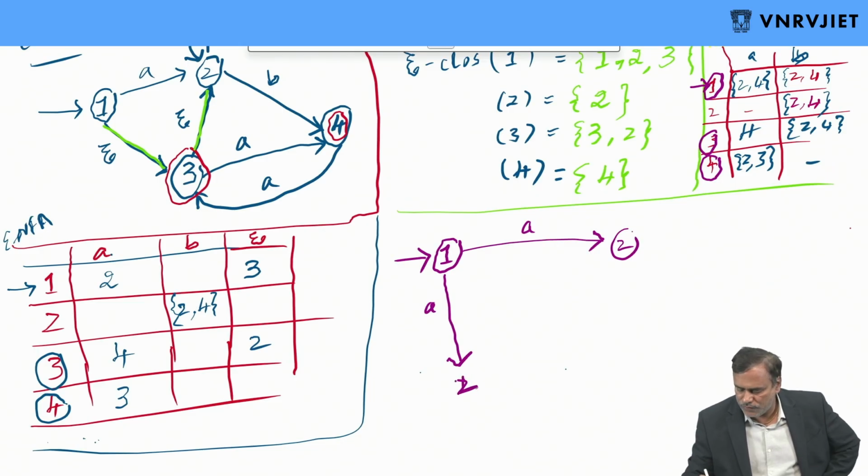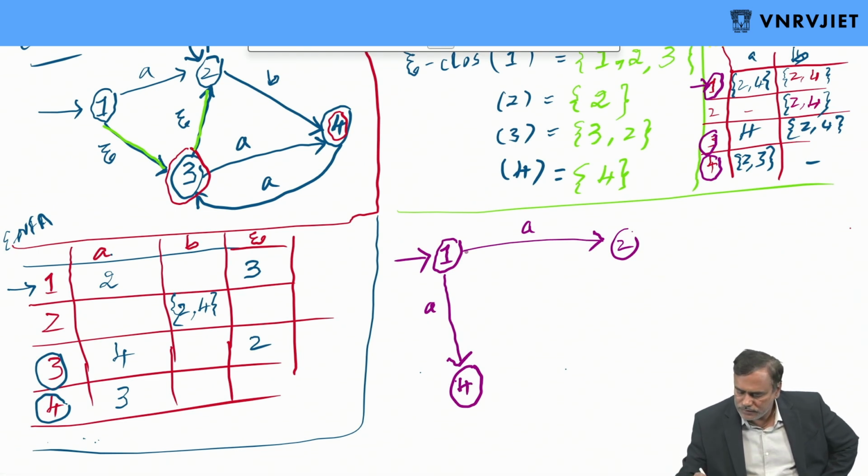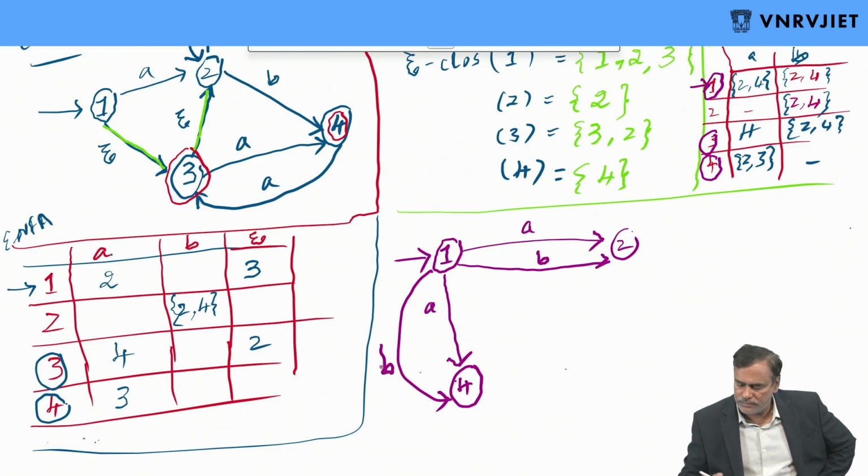Sorry, that is state 4, already have written for 2. Let me write it clearly. From 1 on B, you can go to the same states, 2 as well as 4. That is B.